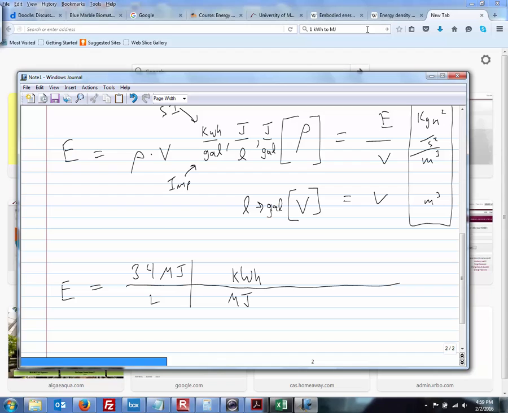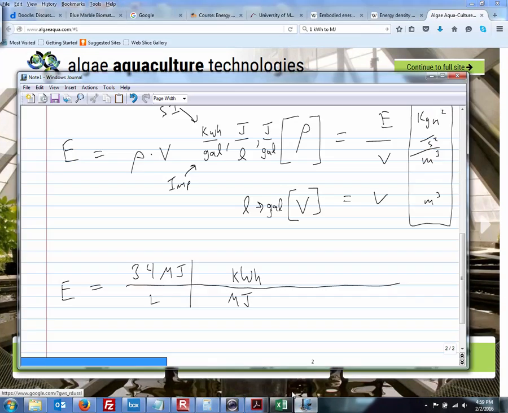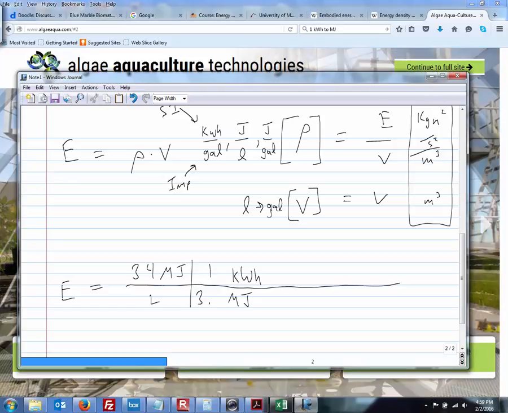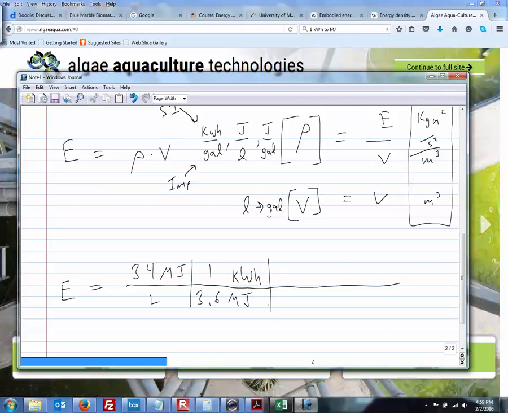Okay, so 1 kilowatt hour is 3.6 megajoules. Wait, don't we want to do how many kilowatt hours are in 1 megajoule?